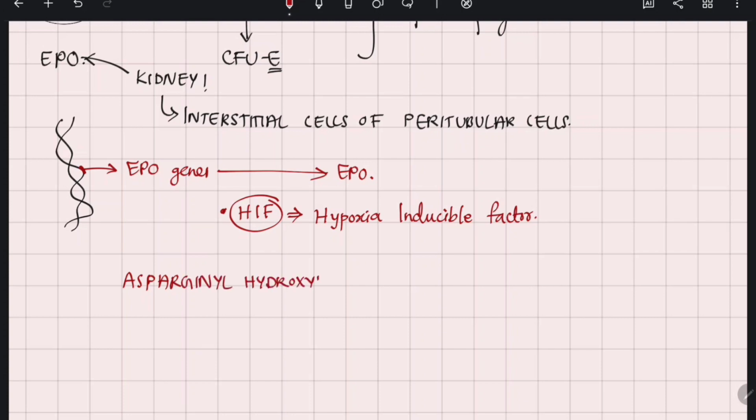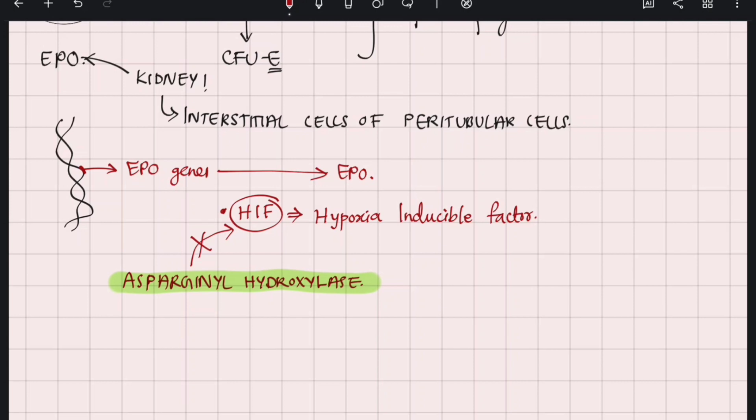So this inhibitor inhibits, or it is like holding the HIF to itself. Okay, so this asparginyl hydroxylase is not letting the HIF go into the nucleus and transcribe and produce EPO.